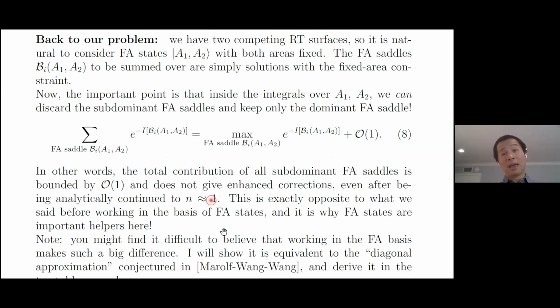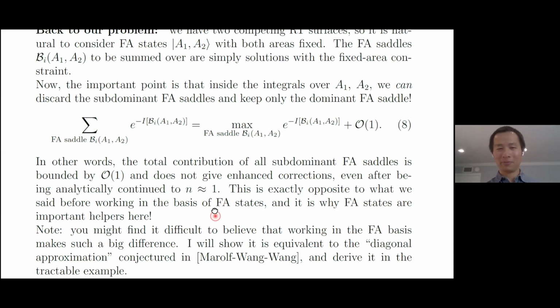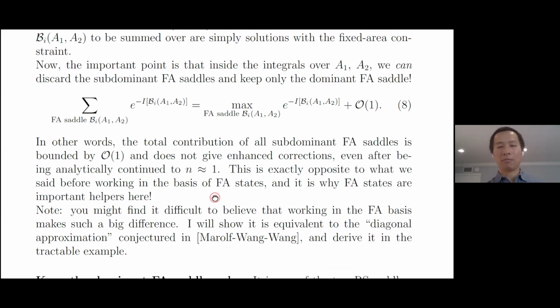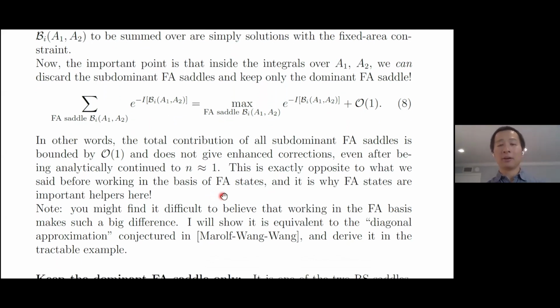And once we have done this, the integral over A1, A2 will tell us everything. So just a note, you might find this difficult to believe, given that I especially said we shouldn't do this before, in the beginning, when we're not considering fixed area states. You might find it difficult to believe that it makes such a difference to work in a fixed area basis.